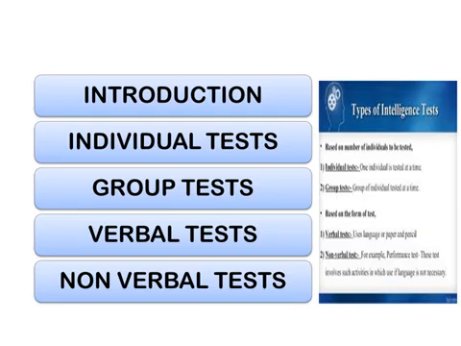Individual test of intelligence is where one individual is tested at a time. Group test of intelligence is where a group of individuals are tested together. Verbal test of intelligence makes use of language and paper and pencil. Non-verbal test of intelligence, also known as performance test, involves activities in which use of language is not necessary.